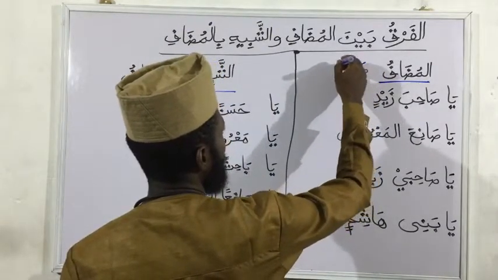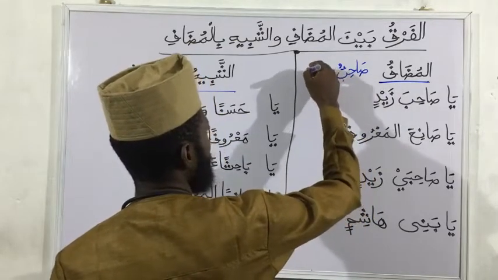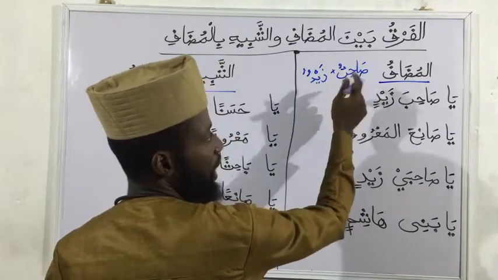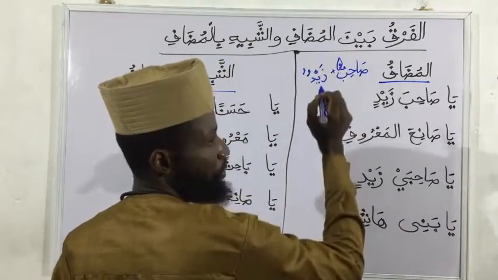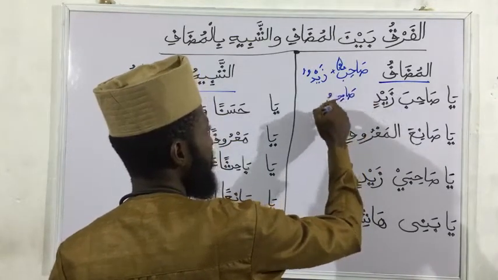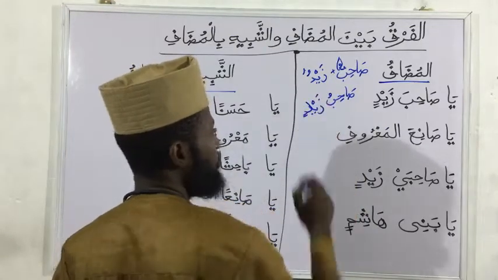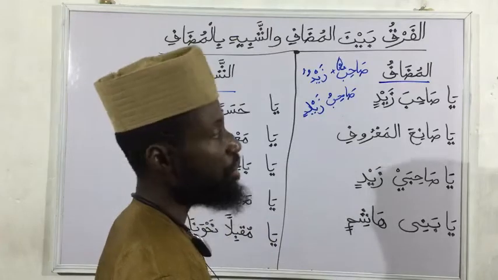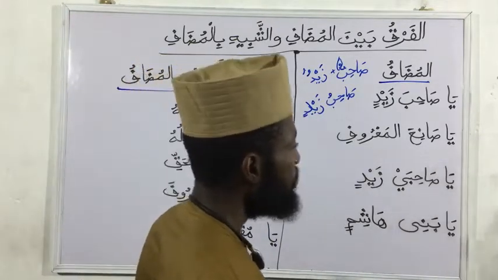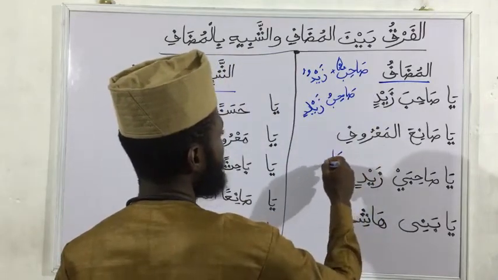Sahibun plus Zaidun. This is the aslu. So when they come together, you can see one of the tanwin is dropped. It becomes Sahibu Zaidin. That is how your mudaf and mudaf ilayh are formed. If it is musanna, for instance, it will be Sahibani.